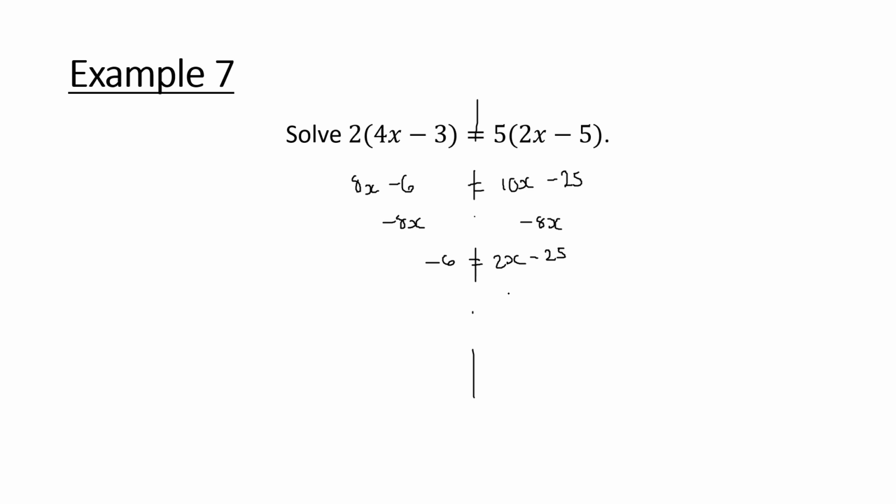Then you have to get rid of your minus 25, so you have to add 25 onto both sides. So when you add 25 onto both sides, you're left with positive 19 on one side and 2x on the other, and then you have to divide both sides by 2. So now you're left with 9.5 is equal to x. Or we can write it as x is equal to 9.5.